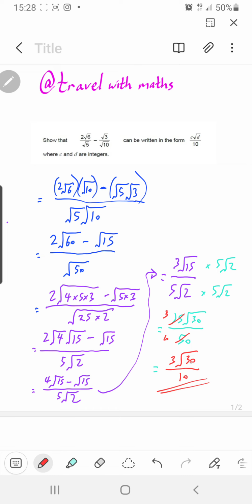And the 15 and 50 can be simplified, so 5 goes into this 3 times, 5 goes into this 10 times, so you will have 3 square root 30 over 10. You can't simplify it further because there's no square number that goes into 30.